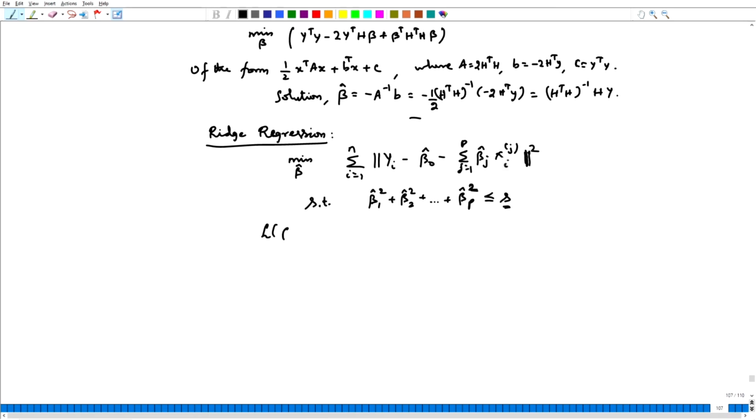L of beta hat comma mu is the summation over i of norm yi minus beta naught hat minus summation beta j hat xj squared, plus mu into summation beta j hat squared, j equal to 1 to p, minus s.